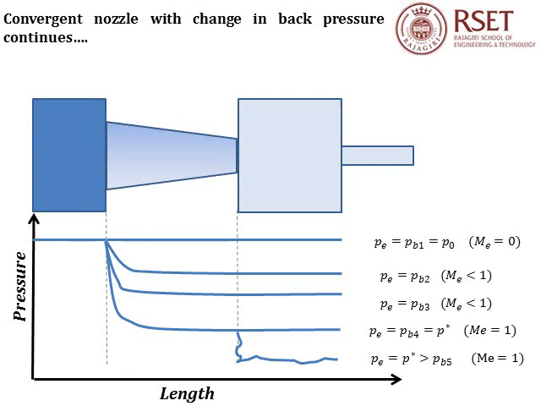If we further reduce the back pressure such that the back pressure becomes less than the P star value, that is the critical pressure value, we see a disturbance in the flow at the exit of the nozzle. This is because the flow has choked and further increase in mass flow rate is not possible.